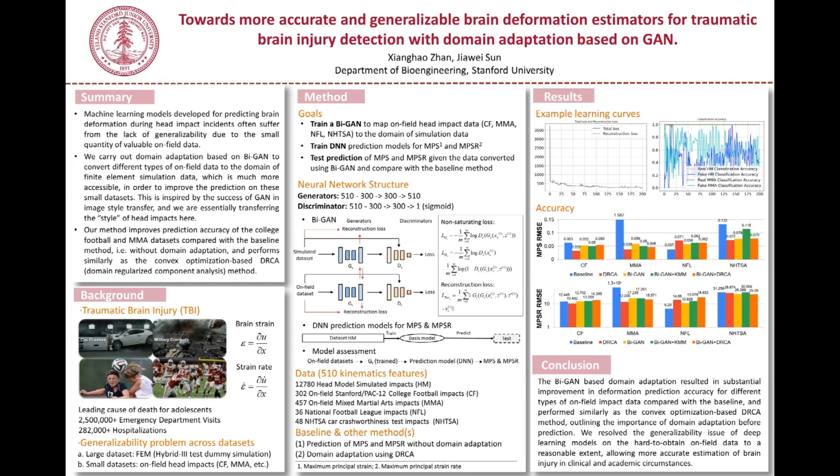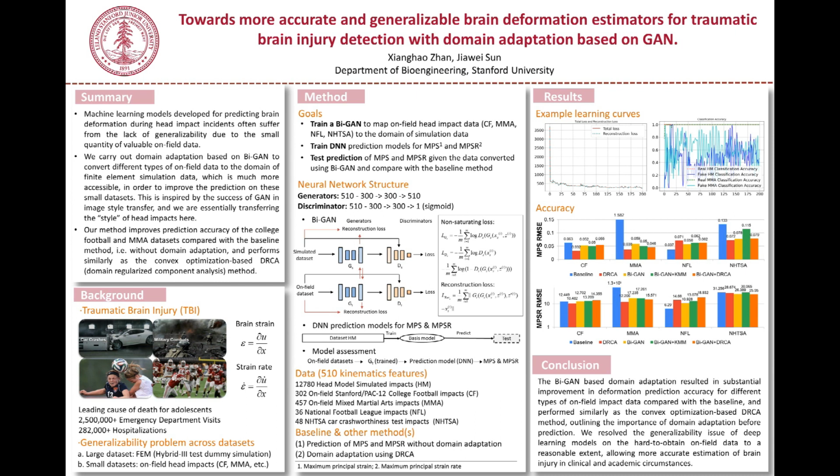Our goal is to do the MPS and MPSR prediction. The result here following the two subplots show that after performing domain adaptation, the accuracy could generally be improved when compared with the models trained without any domain adaptation.